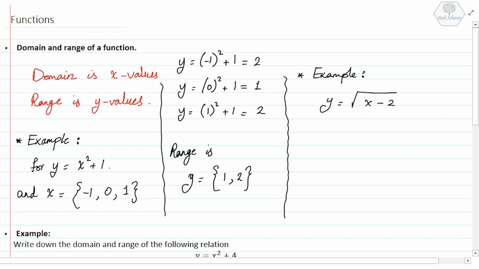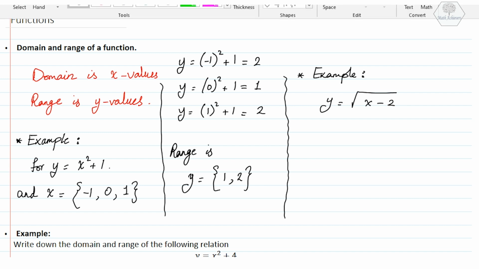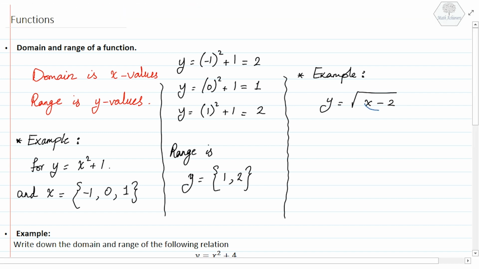Let's check out. Since I have a square root, and we all know that in order to have a real number, the square root can't be negative. So the value inside this square root simply can't be negative. So now the x minus 2 must be what?